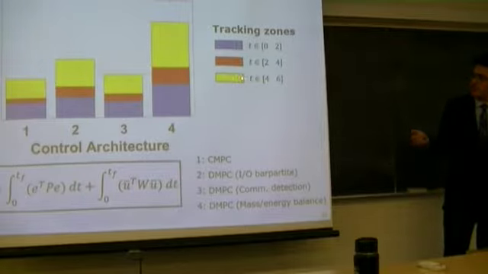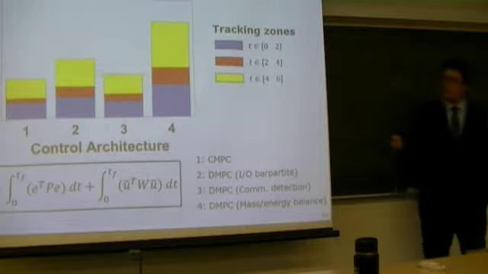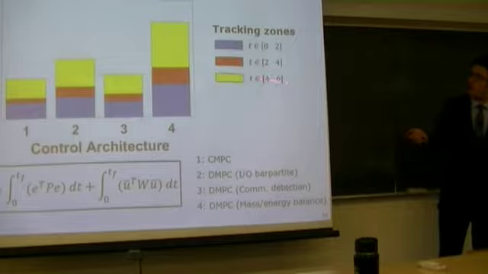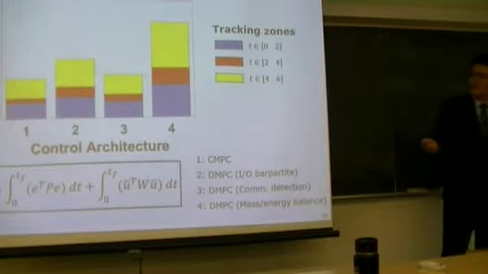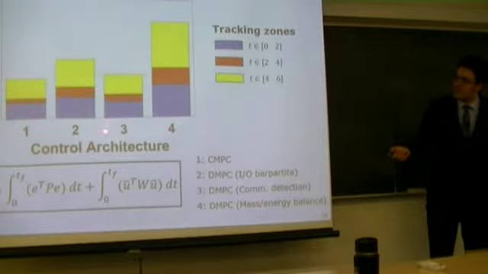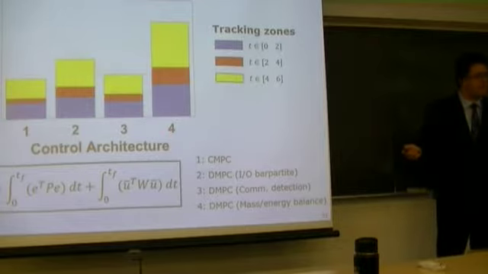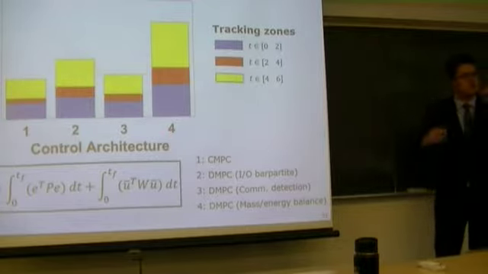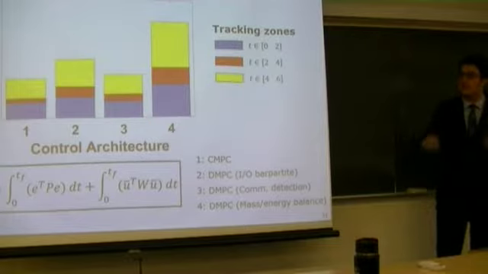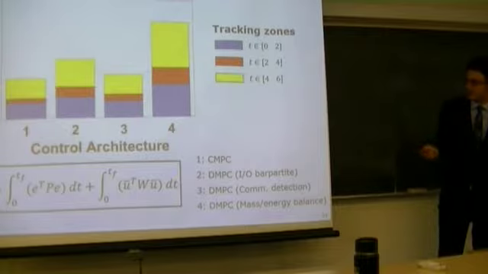Different colors, yellow, red, and blue, show different tracking zones from 0 to 2, 2 to 4, and 4 to 6. As you can see, the best performance belongs to the centralized, obviously. But the DMPC based on the optimal decomposition has a very close performance to the centralized as a result of the optimal decomposition of the subsystems, which minimizes the interaction between the local controllers compared to the other decompositions.